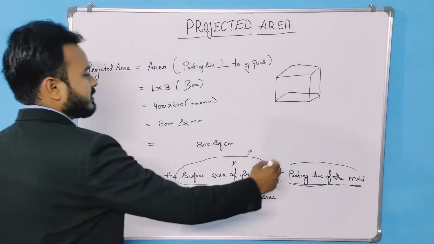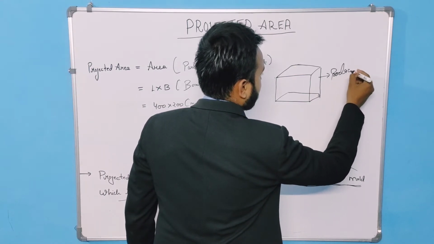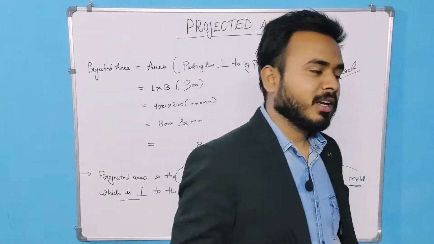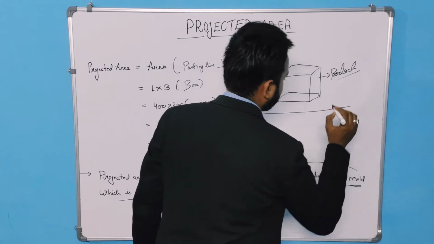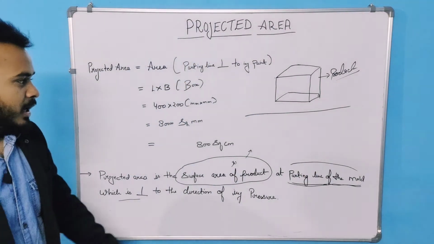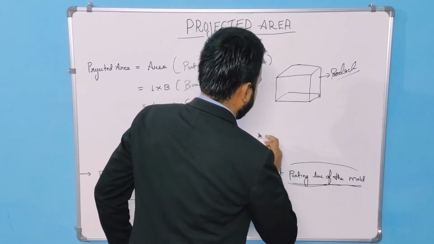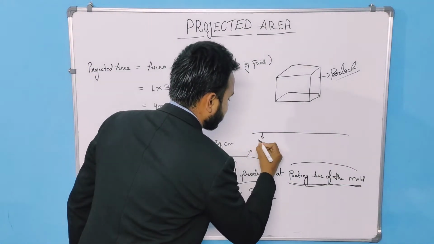Remember, this is our product, and our product is in cuboid shape. Now I'm making a parting line. This is a parting line, for example the parting line of the mold. Let me draw it a little bit deeper. Now you can see this is the parting line of the mold.